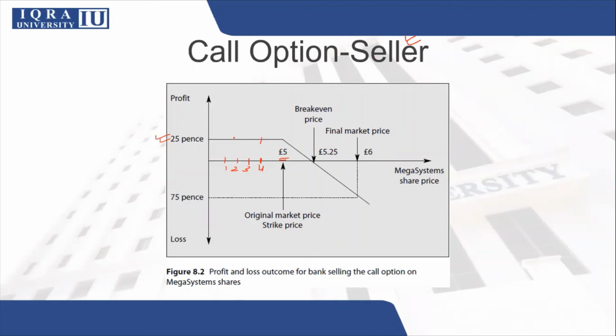But the seller is going to profit in this area. The seller is going to earn if the option does not get used. But if the price goes over 5.25 and the option buyer does use his right and exercise his option, then this will be the loss for the seller. So it's again a zero-sum game. One person's profit is another person's loss.